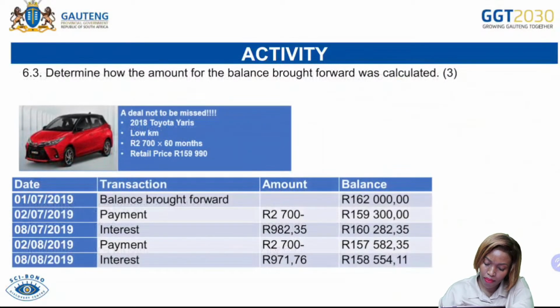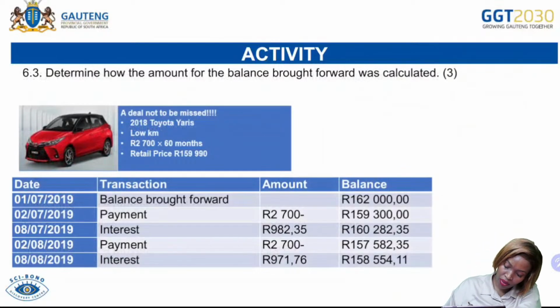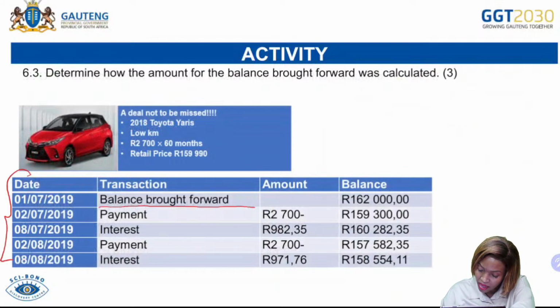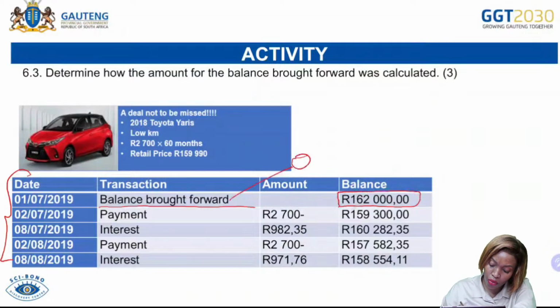Determine how the amount for the balance brought forward was calculated. Okay, so before we can answer that question, this was the statement for the first month for Hlelo. And then the balance brought forward at the beginning of this statement was 162,000. Remember, balance brought forward is the same as the opening balance.